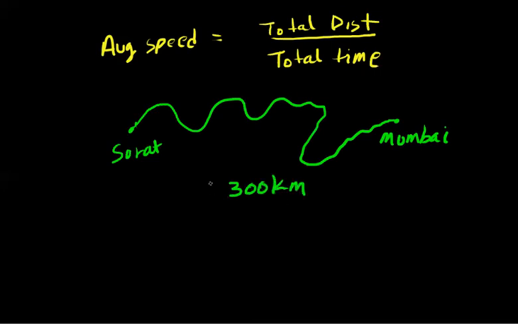I start at 6 a.m. and I reach Mumbai by 12 p.m. That means the total journey time equals 12 minus 6, which is 6 hours. So it took me 6 hours to travel from Surat all the way up to Mumbai. So this is the total distance traveled by me, and this is the total time taken by me.